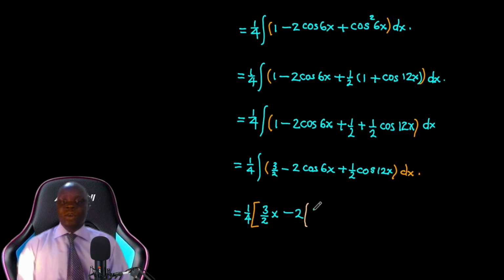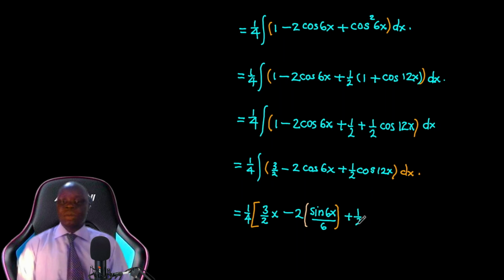So the integral of cos 6x is also sine 6x over 6. Then we can close up that bracket and move to the next one, that is plus.